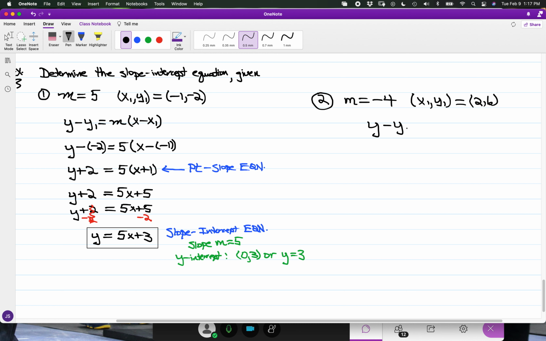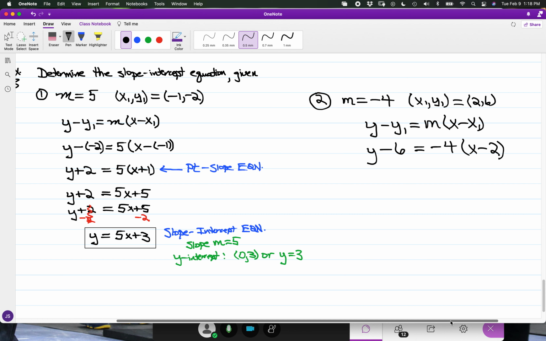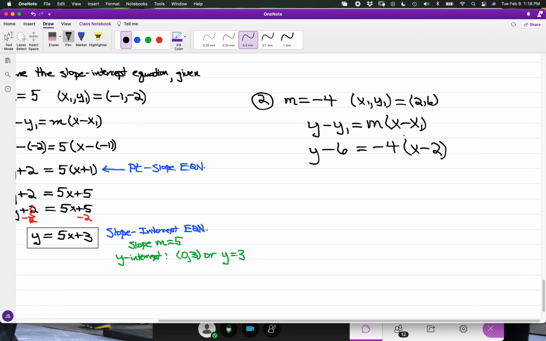So y minus y1 is equal to the slope m times the quantity of x minus x1. In substituting, again we have y minus y1, y1 is represented by 6, equal to, now m we have at negative 4, times the quantity of x minus x1, and x1 is going to be at 2. And so we have y minus 6 equal to negative 4 times the quantity of x minus 2. Just this part here, that's going to be the point-slope equation.